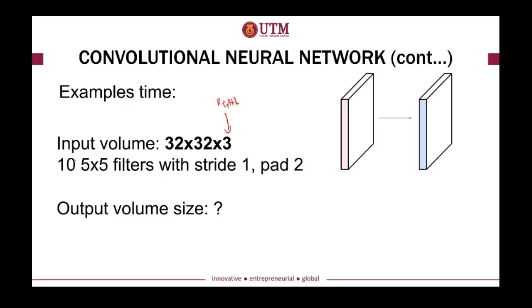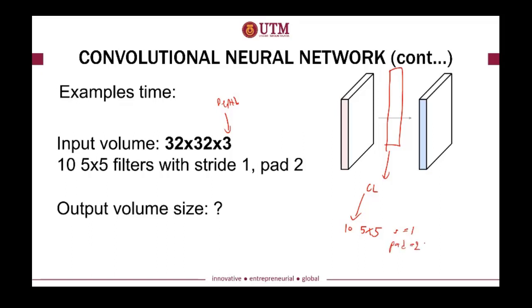And then you want to apply the convolutional layer, where the convolutional layer consists of 10 filters with size 5 times 5, and your stride is equal to 1, your padding is equal to 2.